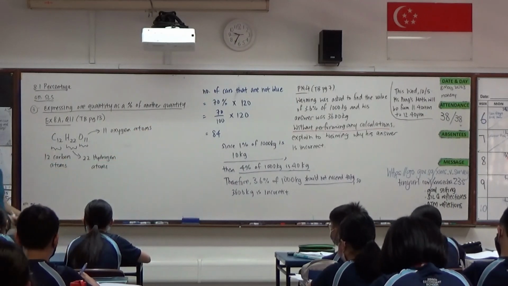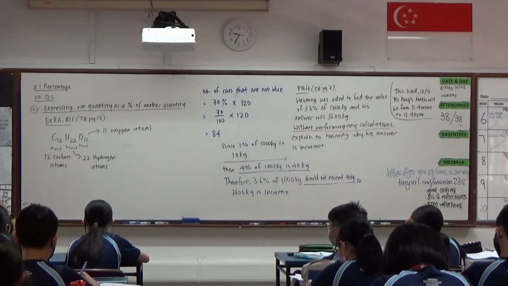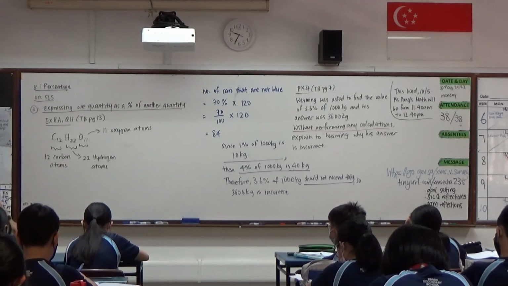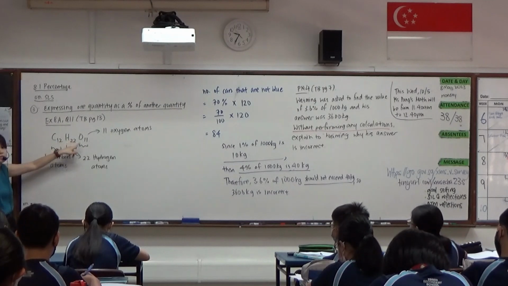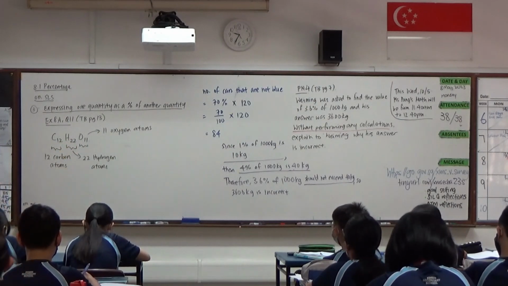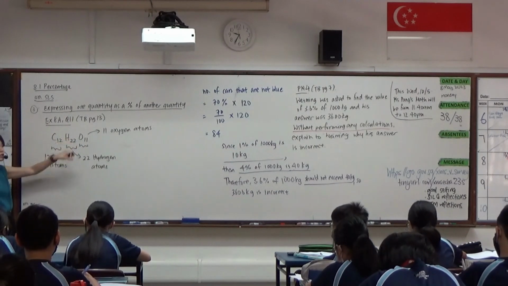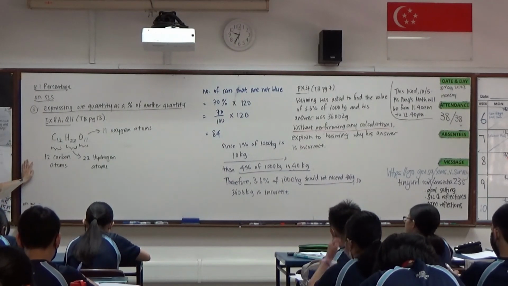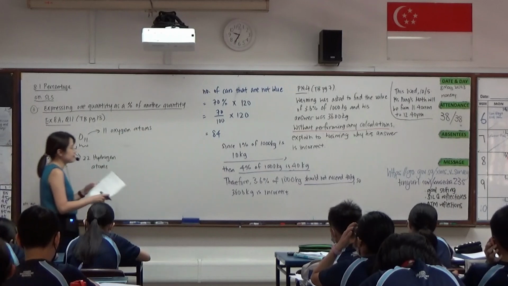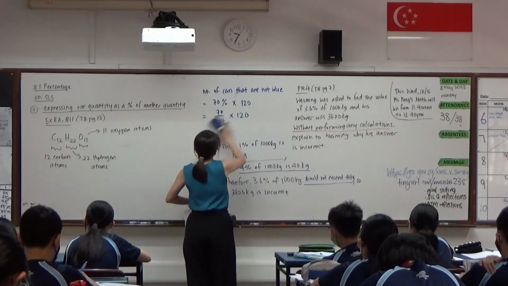Have you covered the periodic table in your science already? Yes? Okay. I hope that you can recognize C stands for carbon, H stands for hydrogen, O is oxygen, and they create a certain compound. I'm not trying to teach you chemistry over here.